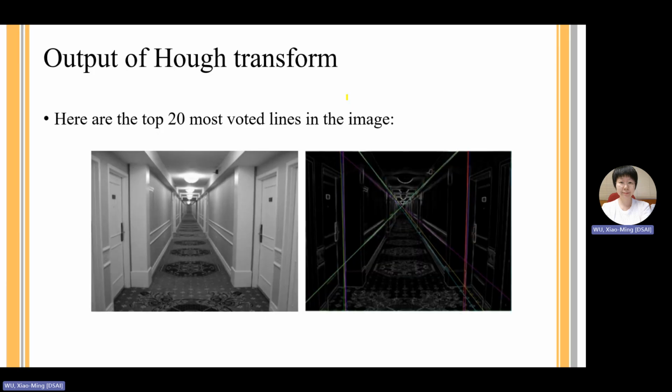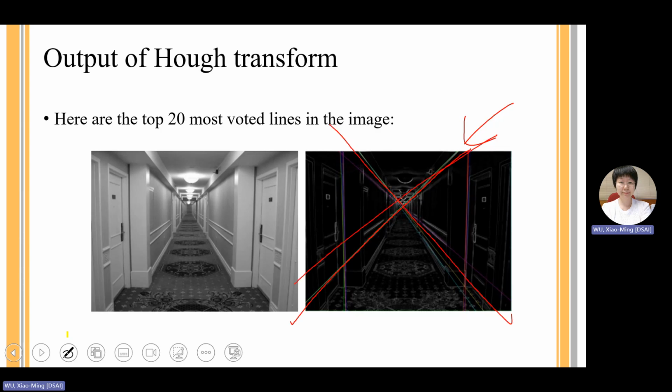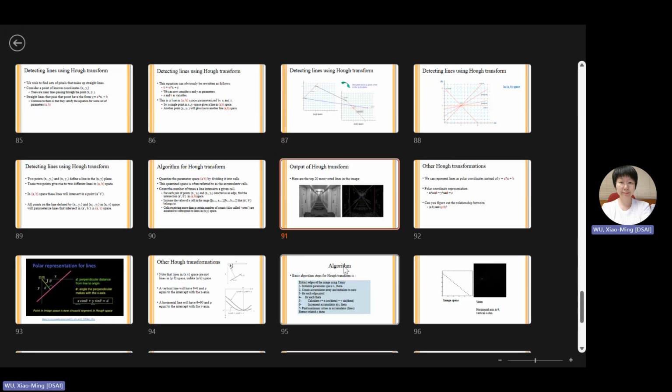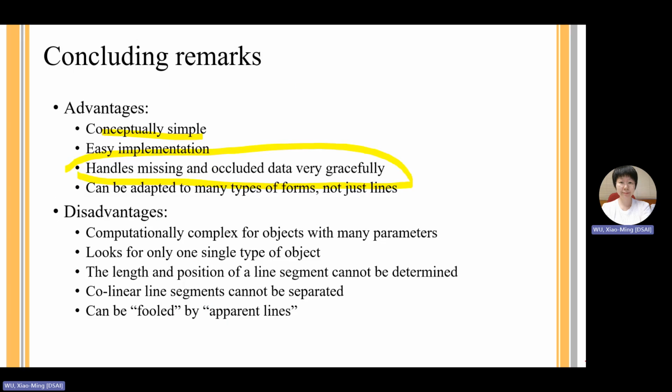From the output, the Hough transform can identify the equation of the lines, so we can draw the whole lines because we know their full equations. You handle missing and occluded data very gracefully. Even though part of a line is blocked or missing, we can still reconstruct the line because we know its full equation.